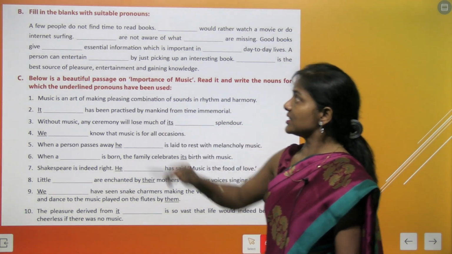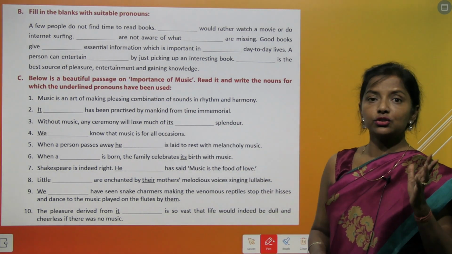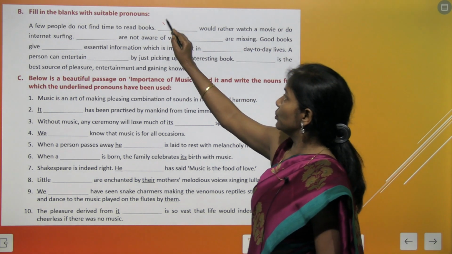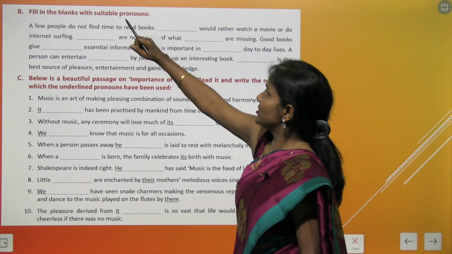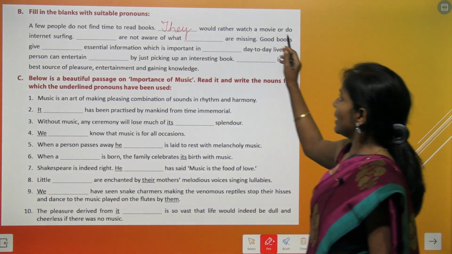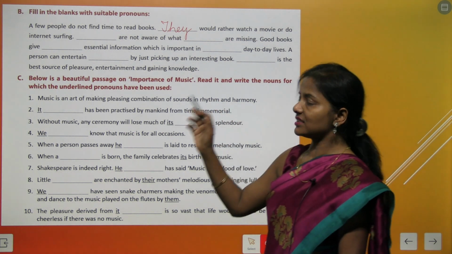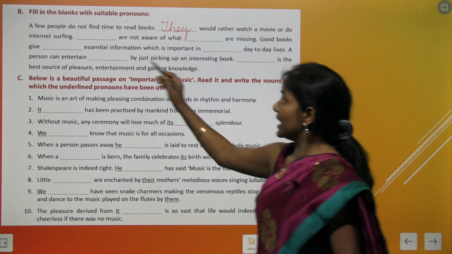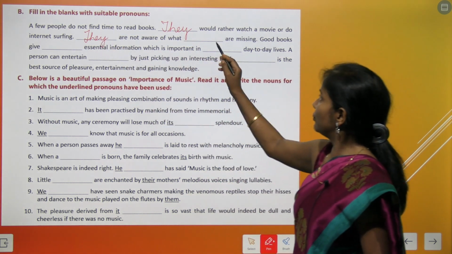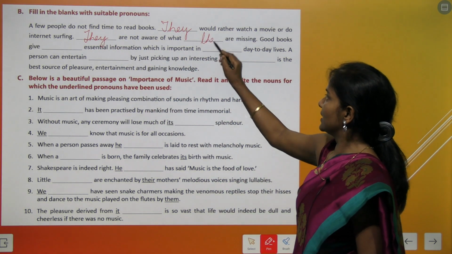A few people did not find time to read books. They would rather watch movies. अब people की जगह हम use करेंगे they. They would rather watch a movie or do internet surfing. They are not aware of what they are missing.